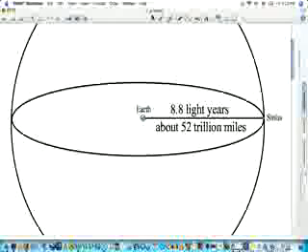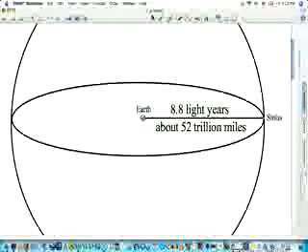This sphere has Earth as its center, and the star Sirius, which is 8.8 light years away, as an edge on the sphere. So the radius is 8.8 light years, or about 52 trillion miles. So we're constructing a giant sphere.